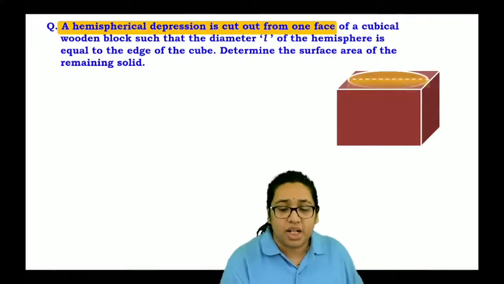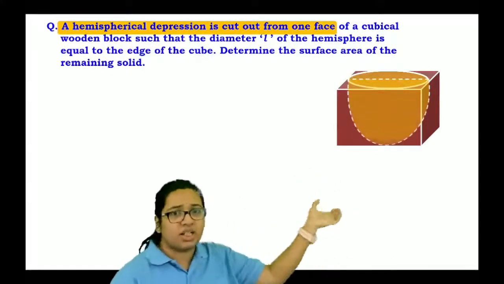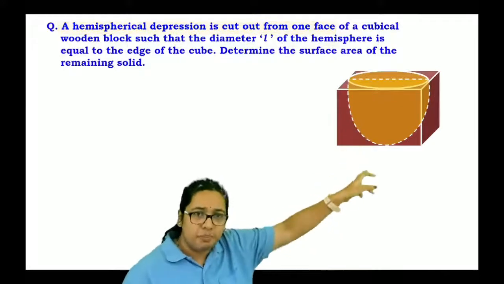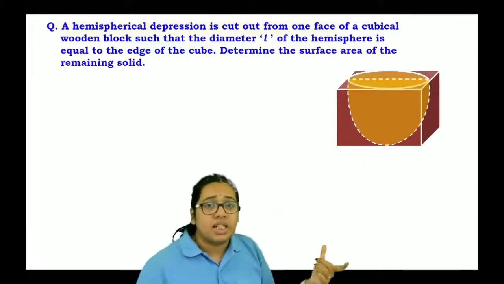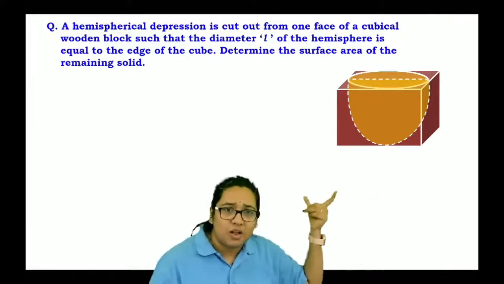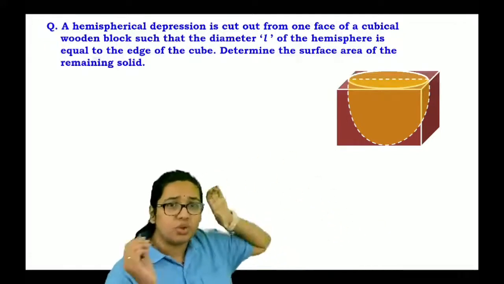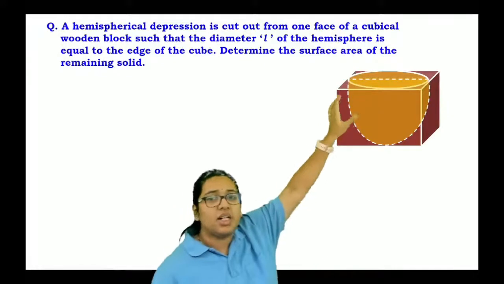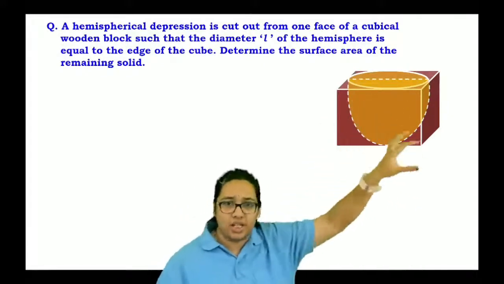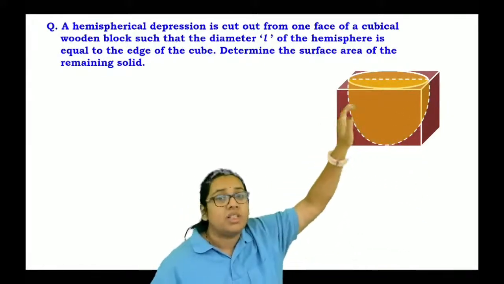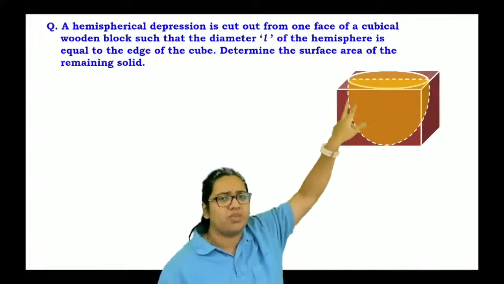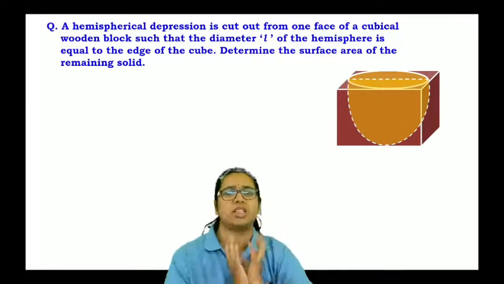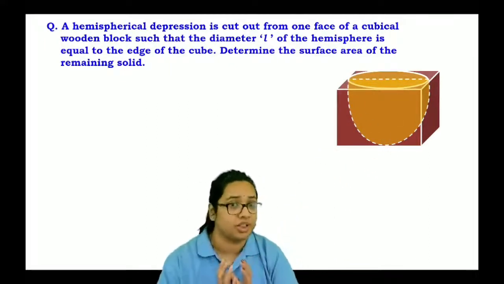First thing is that a hemispherical depression is cut out such that the diameter L of the hemisphere is equal to the edge of the cube. Okay, getting this one? It means that if you consider such a cubical block, we are cutting out the spherical shape.